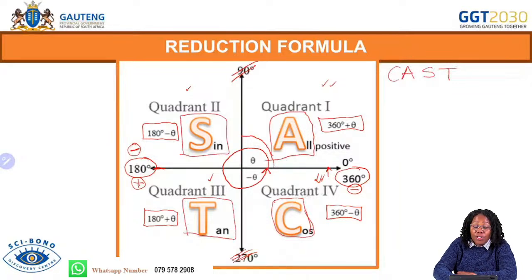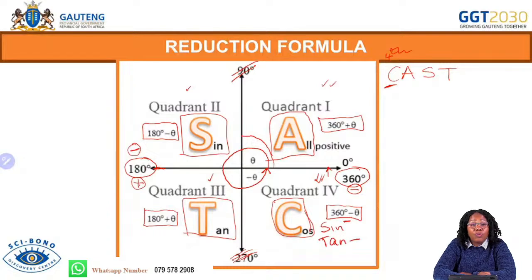You can see that in quadrant 4, this C is in the fourth quadrant, and it's representing that cos is positive in that particular quadrant. It's always positive. But if you are in quadrant 4 and you end up with a sine of theta, that sine will be negative. And the tangent is also negative in this quadrant.